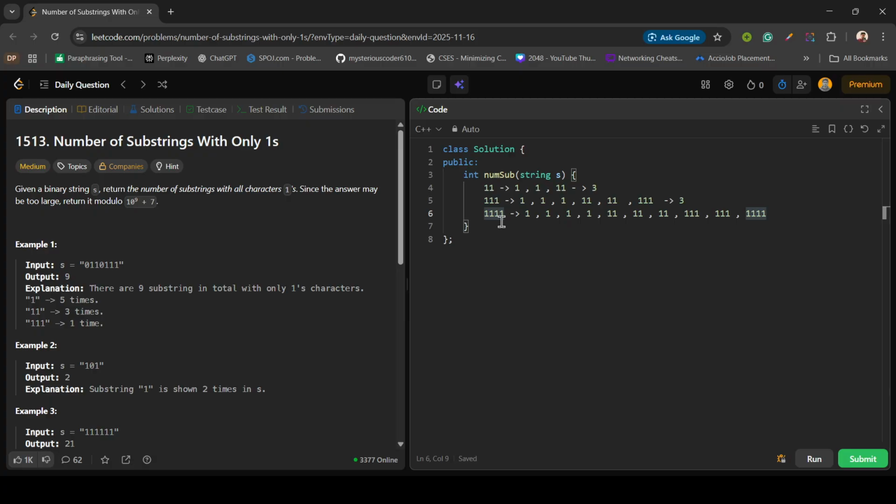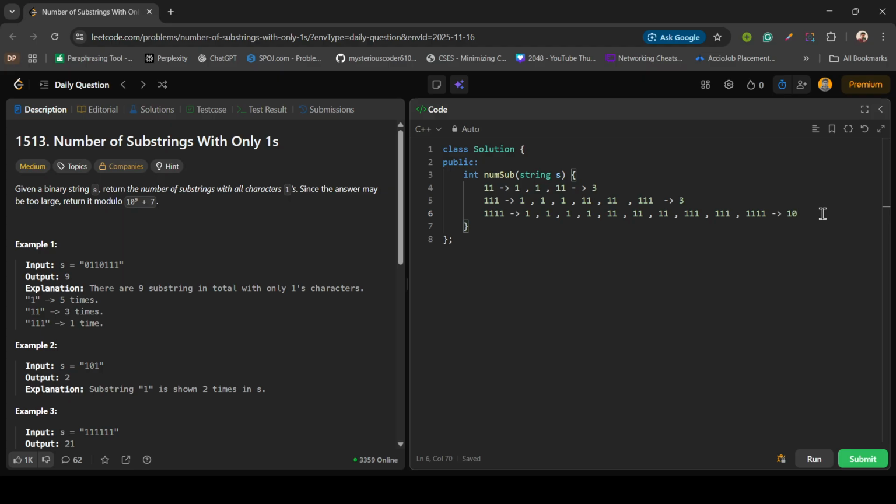Similarly, if I am taking two 1s, then it can be 1 2, this one 2, then this one. If I'm taking three 1s, it can be 1 2 3 this one, and 1 2 3 this one. And the last one, the fourth one. So here the count is 1 2 3 4 5 6 7 8 9 10, right?